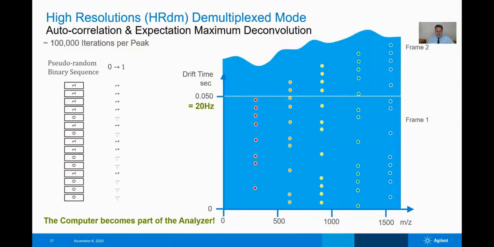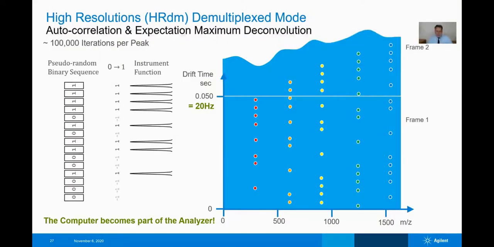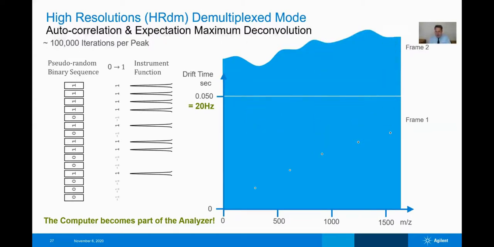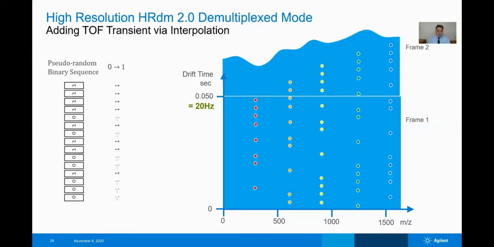If we take what we refer to as an instrument function, which is really just the actual envelope of the peak width of the ion mobility separation in a fundamental sense, and we replace the ones and minus ones with that instrument function, we can now use that to do a simultaneous deconvolution as we're doing the autocorrelation function. And that results, through that deconvolution, in, as you see here depicted as a smaller point, an indication of a higher resolving power.